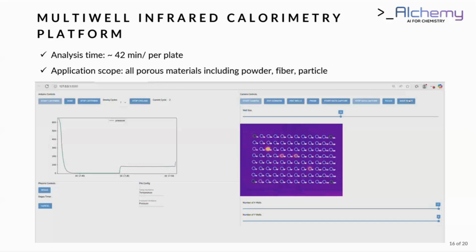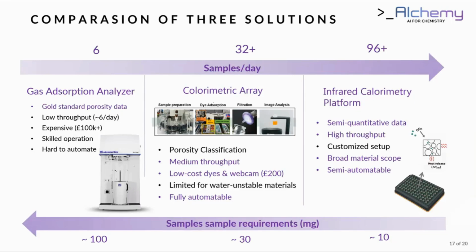So to summarize, let's compare these three methods. On the left, the gas absorption analyzer remains the gold standard. It provides the most detailed porosity data, which cannot be replaced by the new screening methods, but it has certain limitations in terms of throughput and automation. The other two new methods we developed address different resources and material classes.